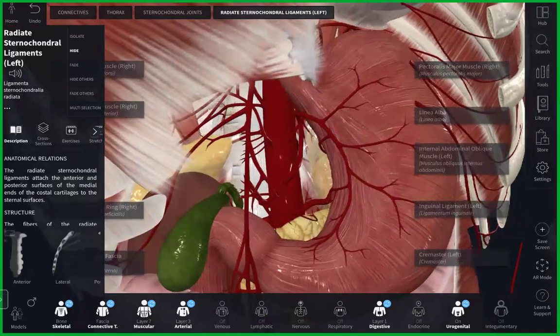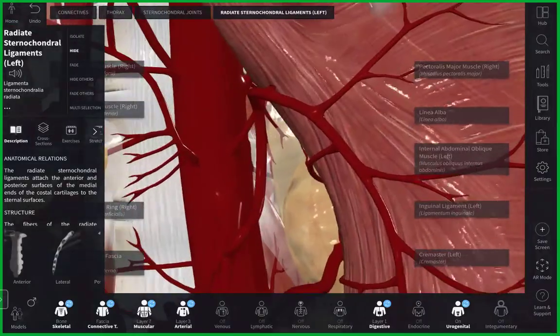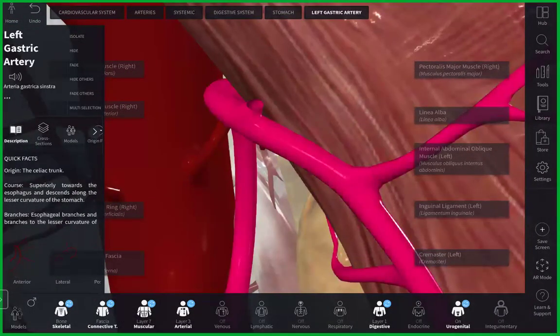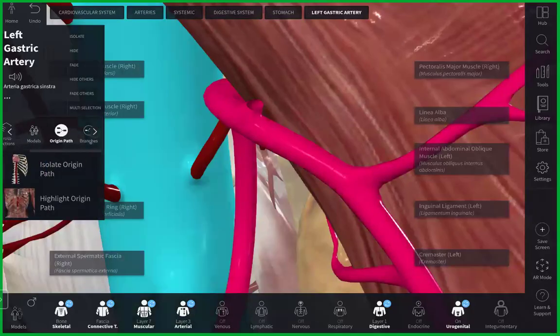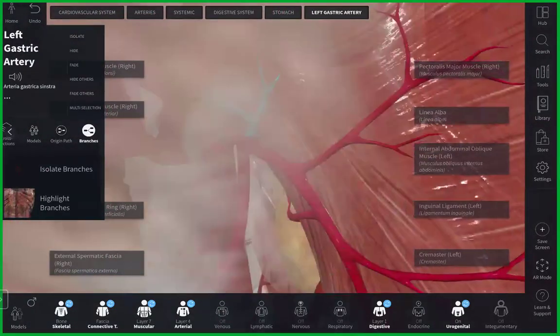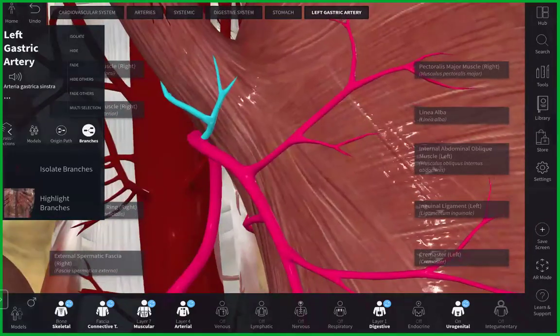Then we have to look at another thing, it has a little branch. If I add the branch, you can see that it's supplying the lower part or abdominal part of the esophagus. See, the blue one, lower part or abdominal part of the esophagus.